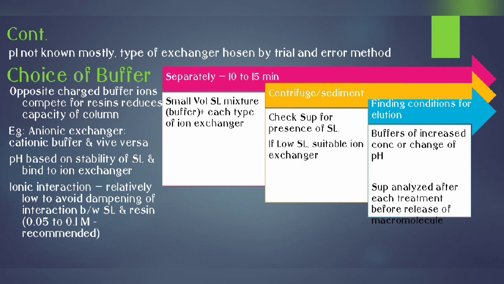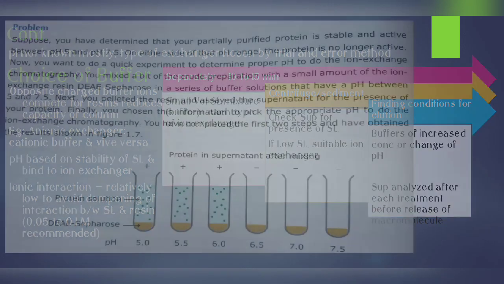So it will be avoided by using a buffer that contains an ion with the same charge as the molecule present in the support matrix. Also, the molecular interaction will be reduced by using a reduced concentration of ions. 0.05 to 0.1 molar is recommended.